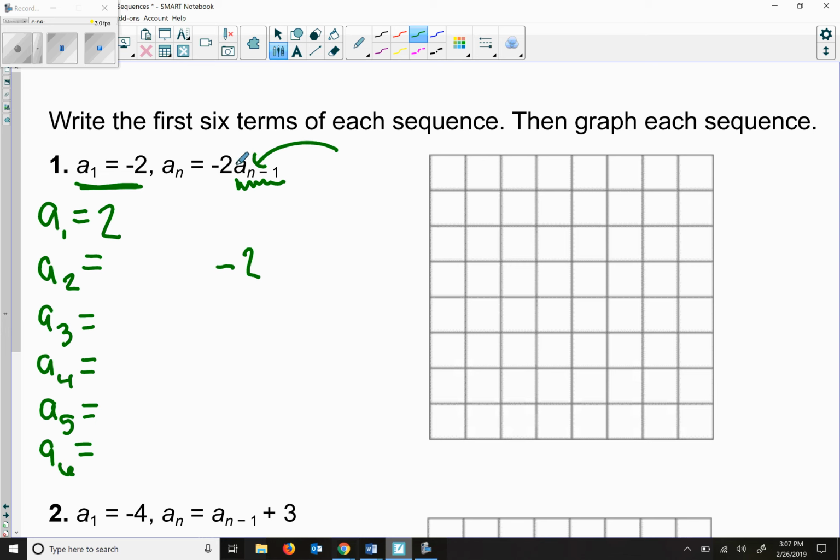We would do -2 times a to the first power, because n would be 2. So you'd plug 2 in for n. 2 minus 1 just gives you 1, so you're just taking -2 times the first term.